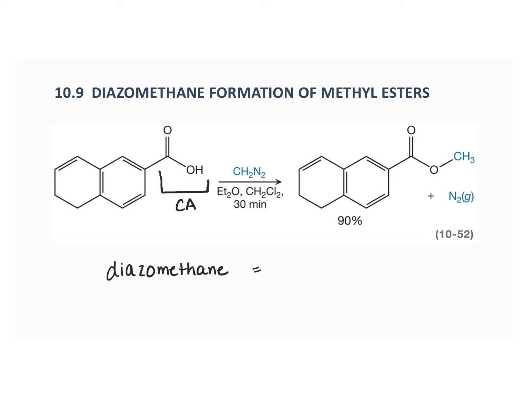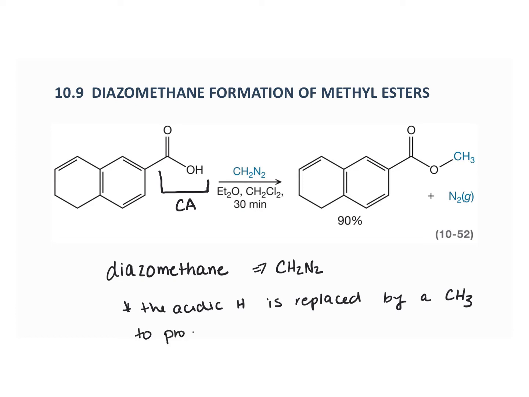Now, diazomethane is CH2N2. And what happens here is that the acidic hydrogen is replaced by a CH3 to produce a methyl ester, right?